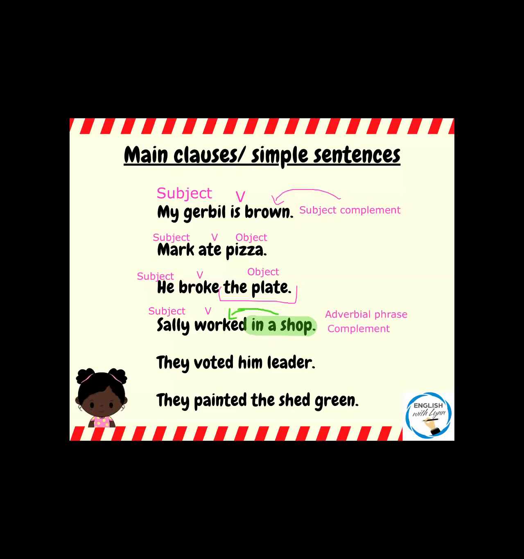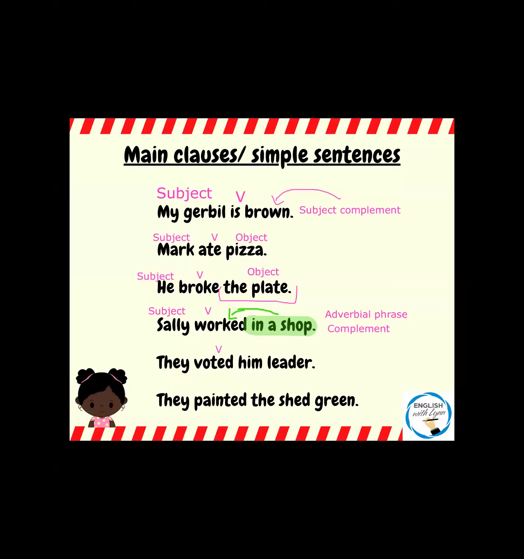The next one, now I've spotted the verb in it. So they voted him leader. I can see voted is my verb. Now I've not got a name, so I need to think who is doing the action. Is it the they or is it the him?